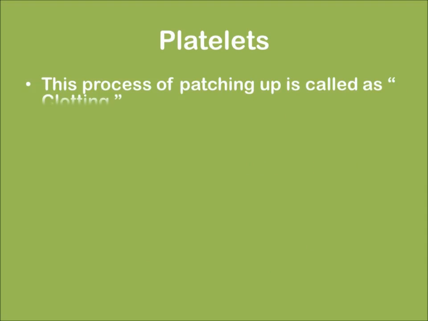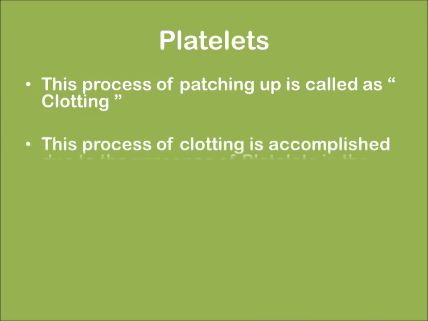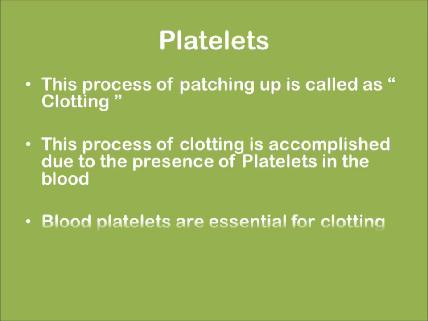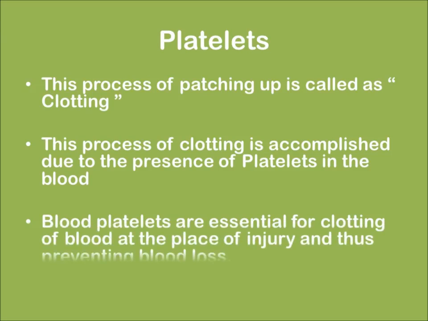This process of patching up is called clotting. The process of clotting is accomplished due to the presence of platelets in the blood. Blood platelets are essential for clotting of blood at the place of injury and thus prevent blood loss.